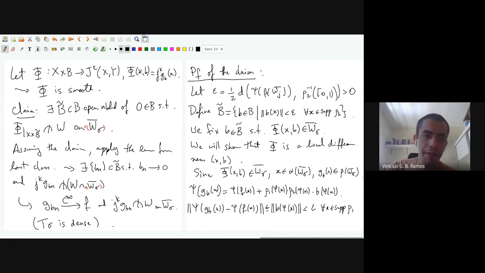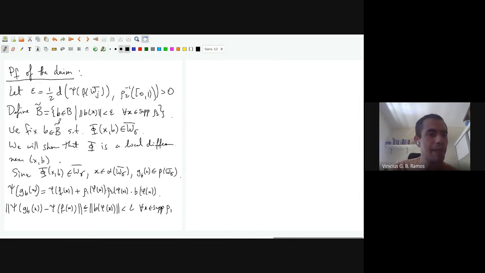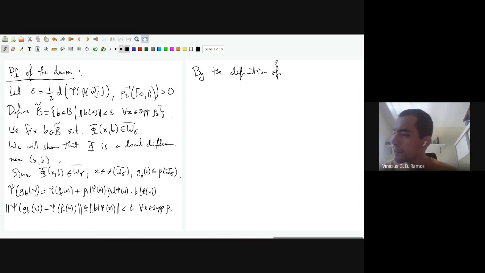So I am in W sigma bar, and so x is in alpha W sigma bar, which is in the support of rho 1. So this thing holds at x and it holds near x. So by the definition of epsilon, this is true for every b.